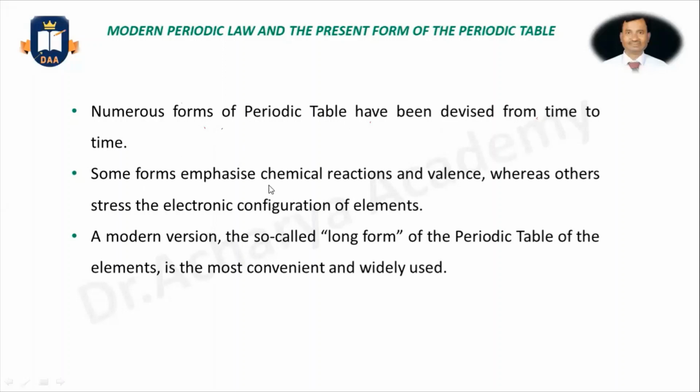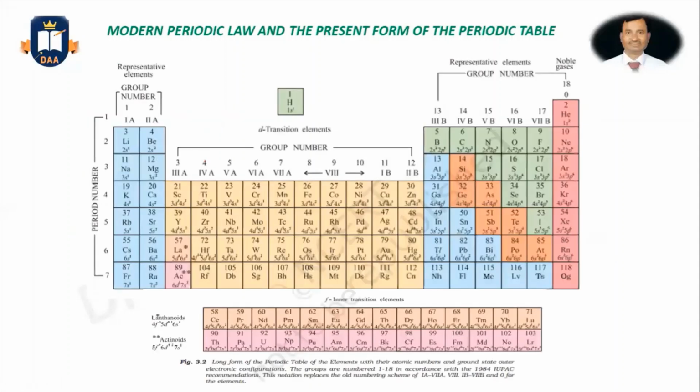Some forms emphasize chemical reactions and valence, whereas others stress the electronic configuration of elements. So a modern version, which is called the long form of the periodic table of the elements, is the most convenient and widely used. So now I'll discuss the long form of the periodic table of the elements.